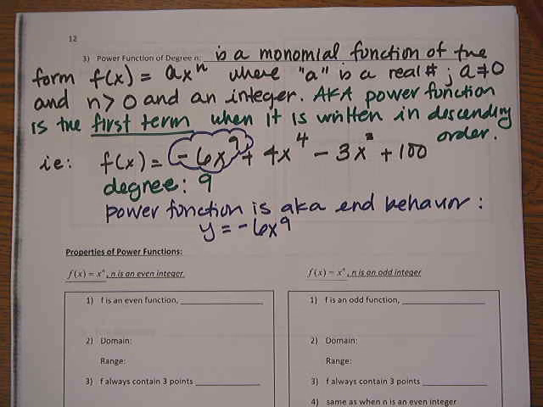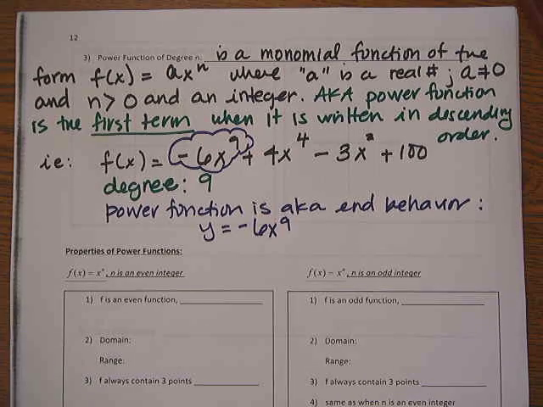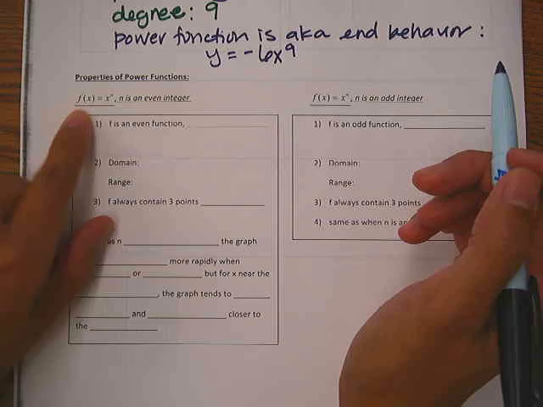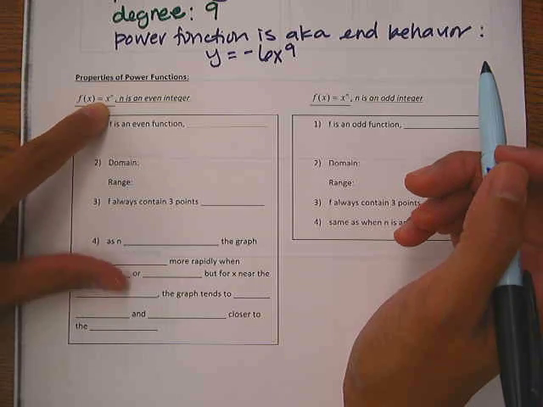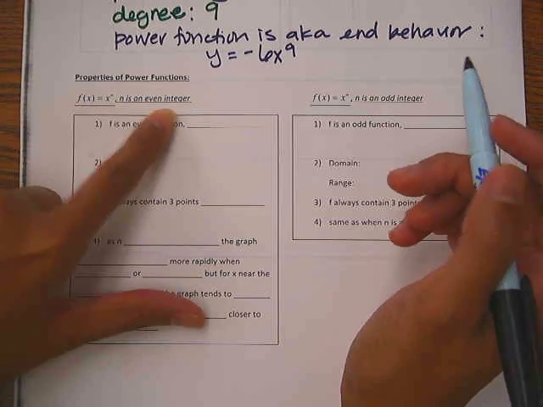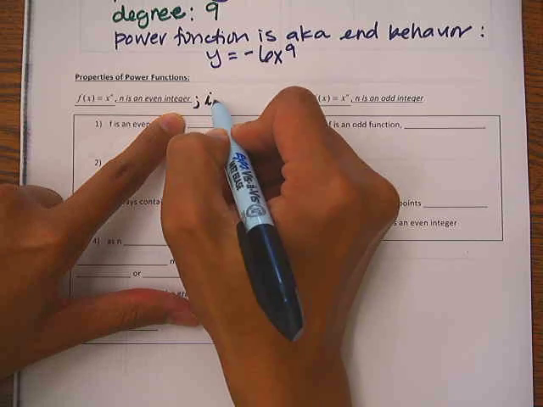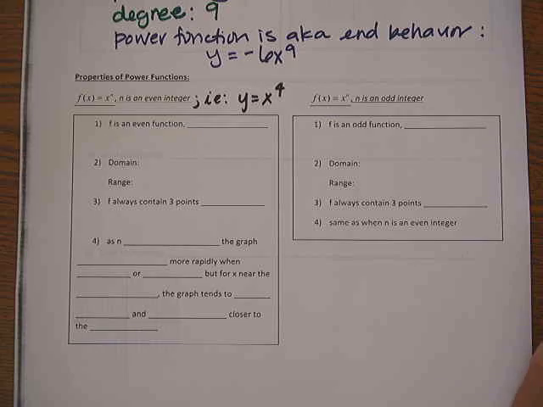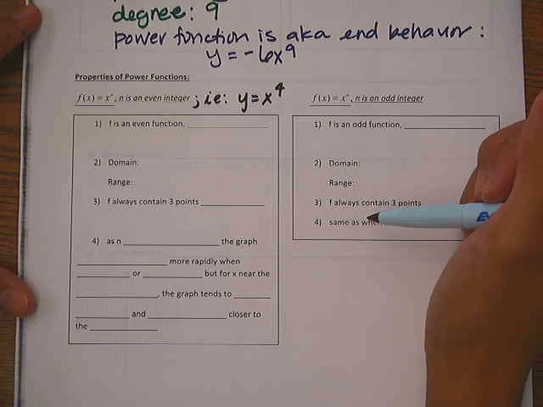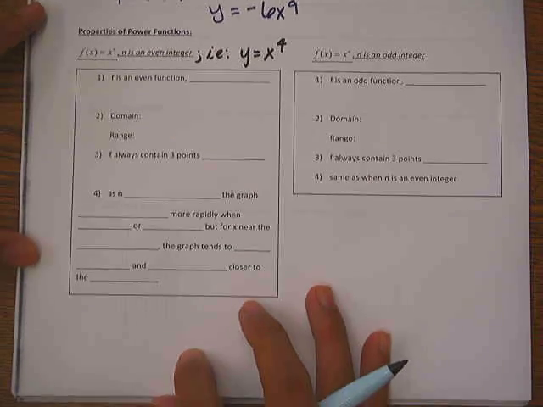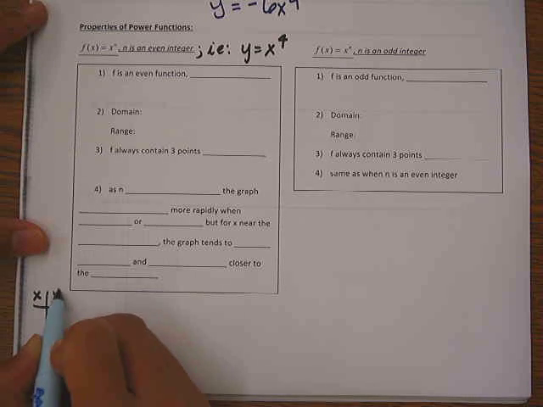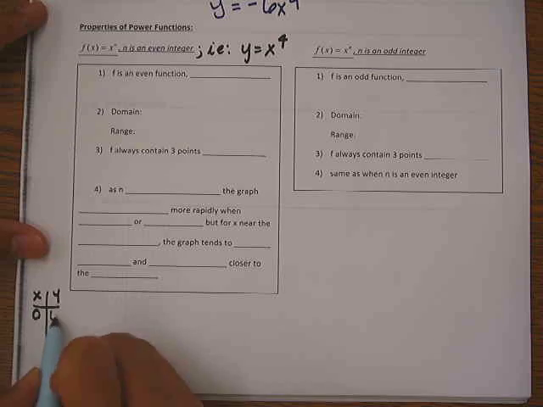Okay, so let's look at some properties of power functions. f of x equals x to the nth, where n is an even integer. So, i.e., y equals x to the 4th. Let's look at this graph. Okay, x to the 4th, since I'm out of space, let's move it down here. Let's make a chart really quickly. When x is 0, y is 0.